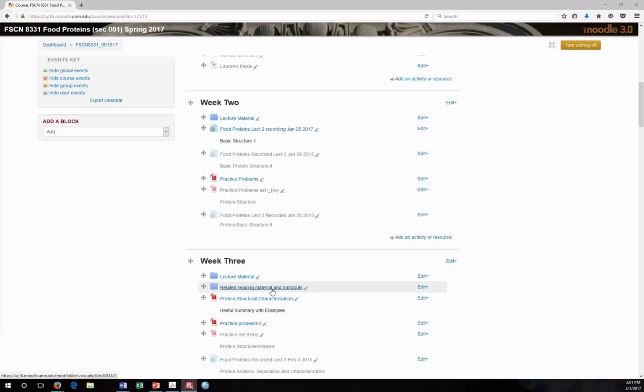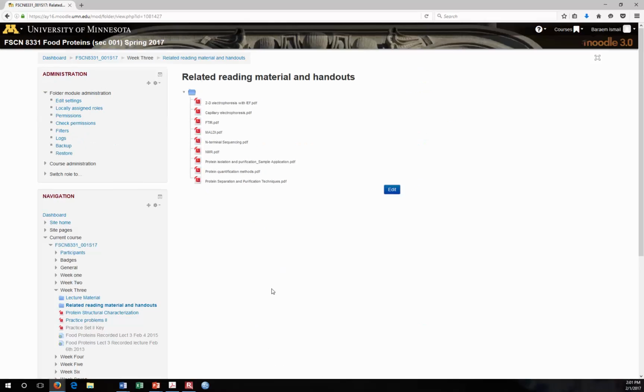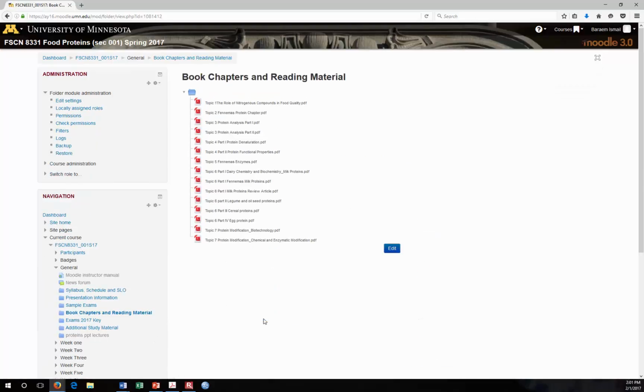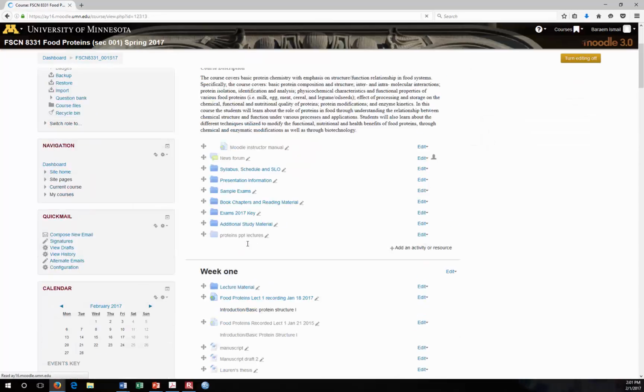So for today's lecture, there is some reading material in addition to the references I've given you. Let me go back a step so that you see here. In addition to the book chapter and reading material for the third topic, if there are additional readings, I would post them under the specific week.